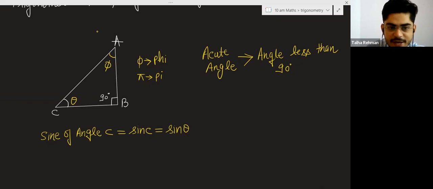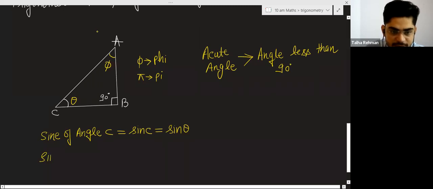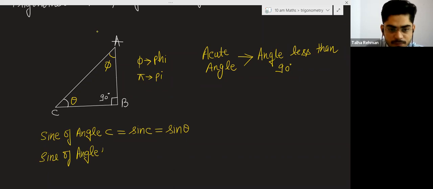For this angle also I can write sine of angle A, and in the short form sine A, and I can also write this as sine phi.